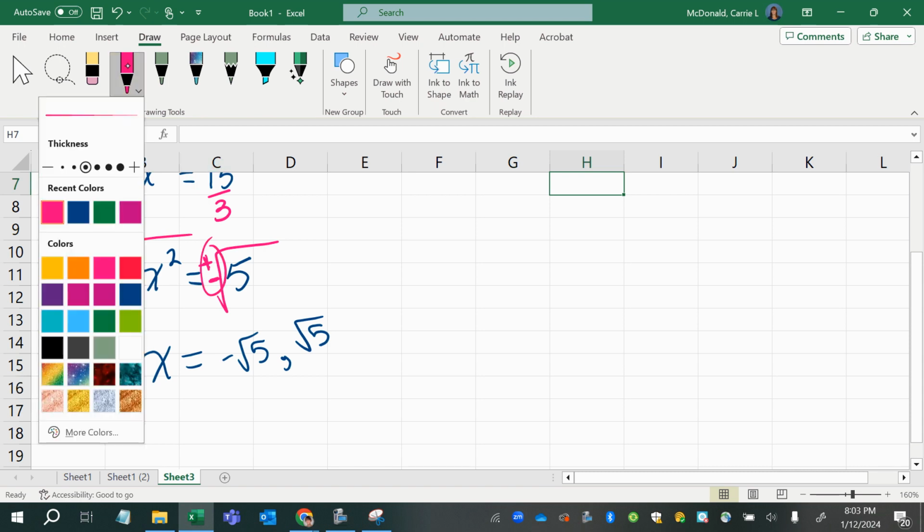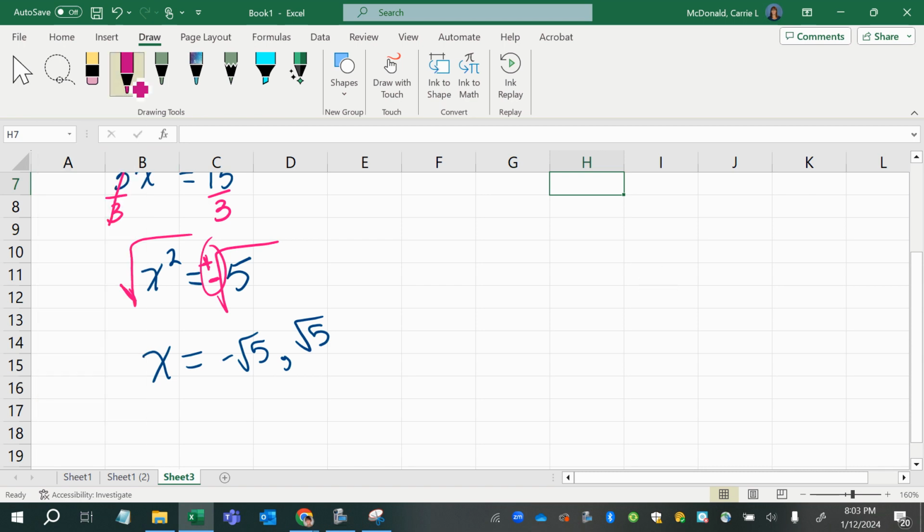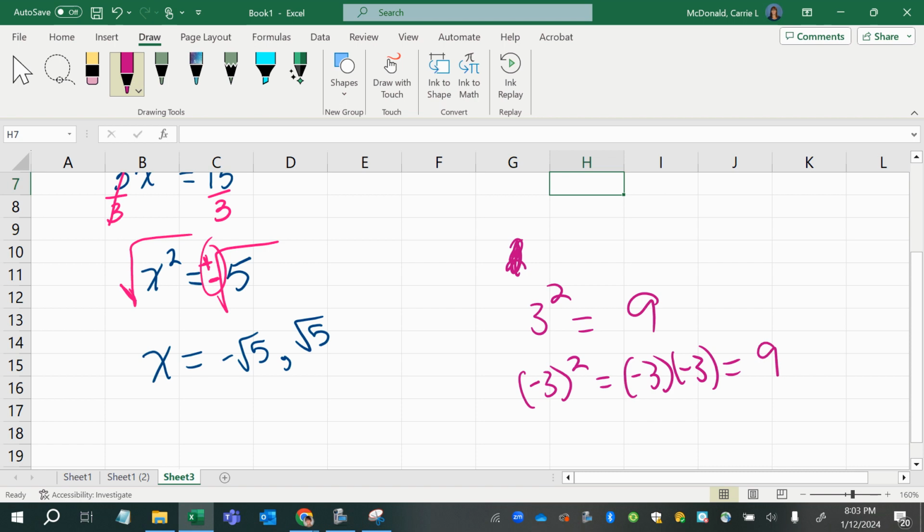Let me explain with an example using a real number. So let's do 3 squared. That gives you 9. But also negative 3 quantity squared, which is negative 3 times negative 3. And when you multiply two negatives together, you get a positive, also equals positive 9.